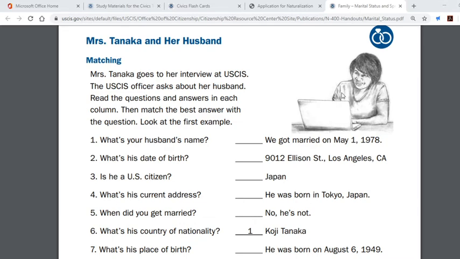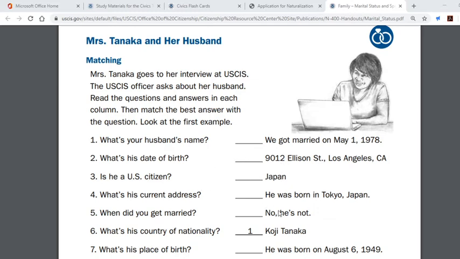These are columns. When the numbers go down like this, 1, 2, 3, 4, 5, 6, 7, this is a column. This is a second column. This one is the answers.